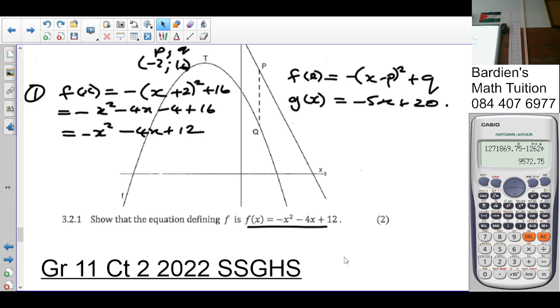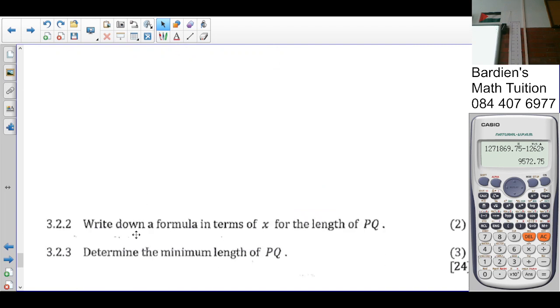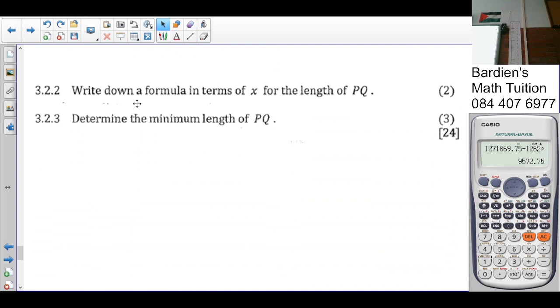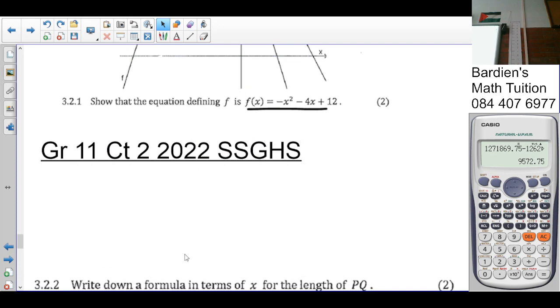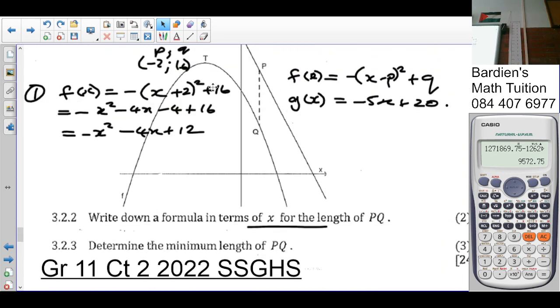The next question, in 3.2.2, the question says, write down a formula in terms of x for the length of PQ. Okay. So they basically want an algebraic expression, so I'm going to just replace this here with our findings, which is negative x squared minus 4x plus 12.